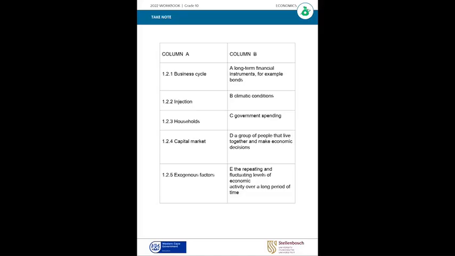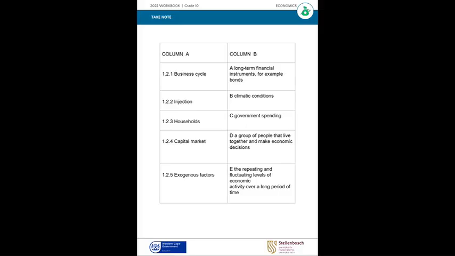So if I look at the easiest one for me there is injection, because we dealt with that earlier on. An injection, we said, is when money is put into the circular flow, right? When money is put into the circular flow. Households, those are the people who own the factors of production.